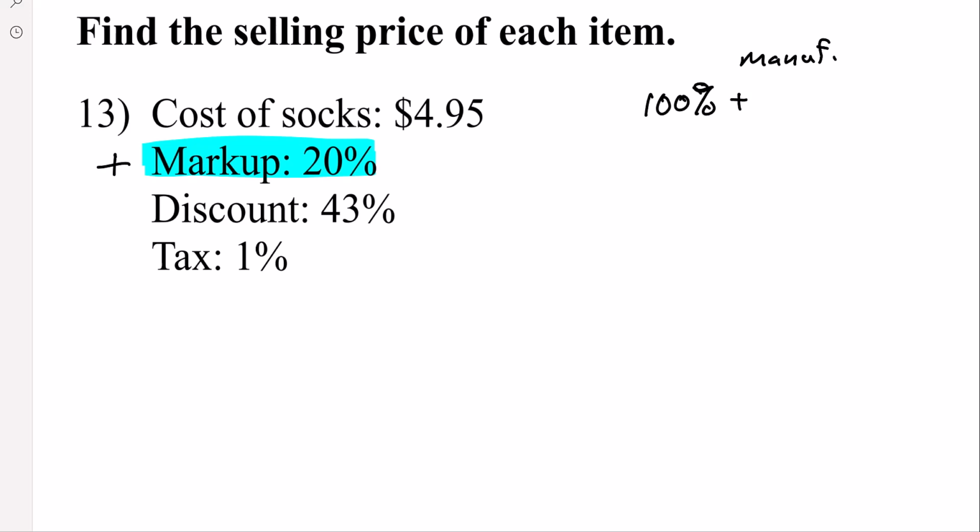So instead of doing all the multiplication, let's do the add here. The markup is 120% of the original price. Then you're going to convert this to a decimal, because when we multiply, we use a decimal, not a percent. So we're going to take $4.95 and multiply it by 1.2, or you could put 1.20.